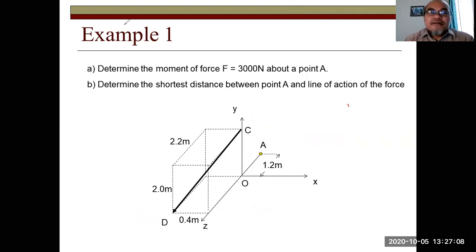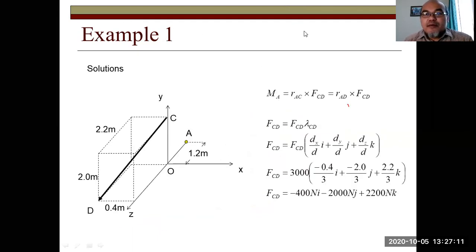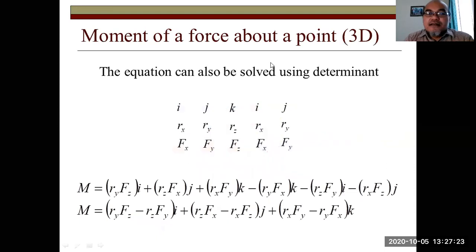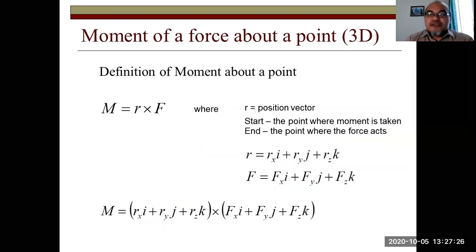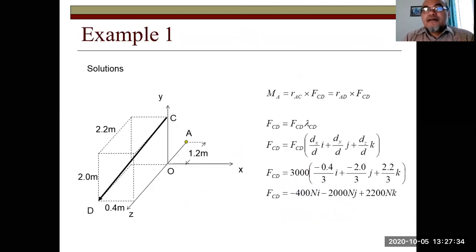So let's see now. The moment about point A will be R_AC cross F_CD. Let's look at the definition of R again. R is the position vector, which starts from the point where the moment is taken and ends at the point where the force acts. So here, R_AC starts from point A, where the moment is taken, and ends where the force acts.